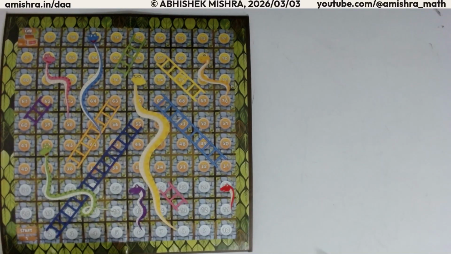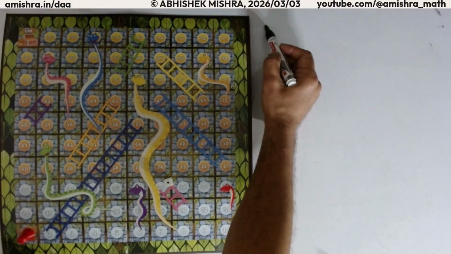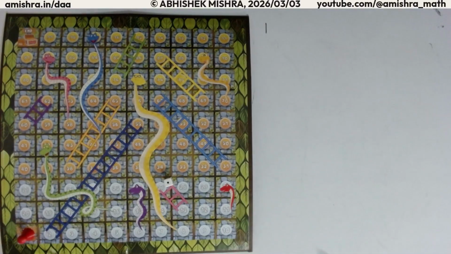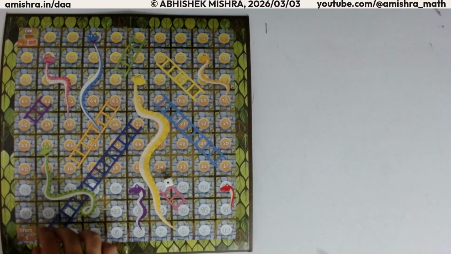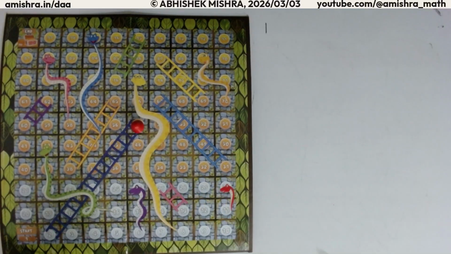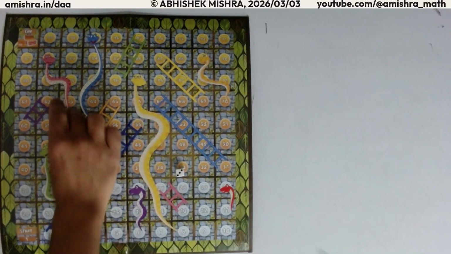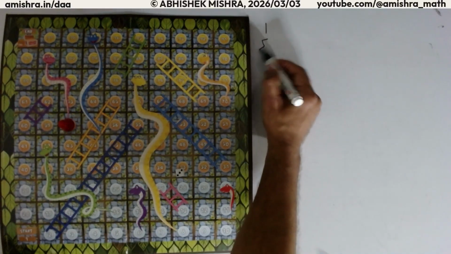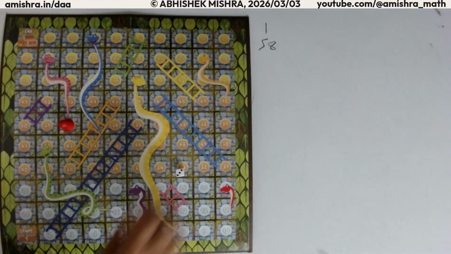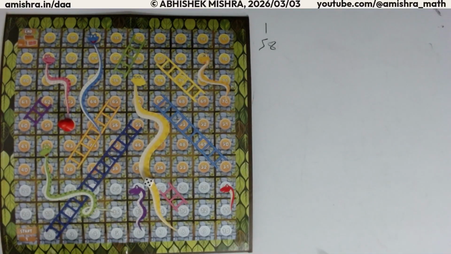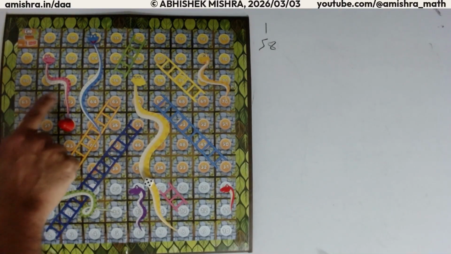So we start with 1 and play the game. First we have 1, so I will also write the number. We write here 1, first move 1. So 2, jump the ladder, go to 55. Next we have 3, so we move to 58. Next 5, 1 2 3 4 5, 63.